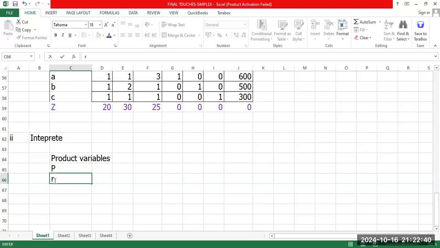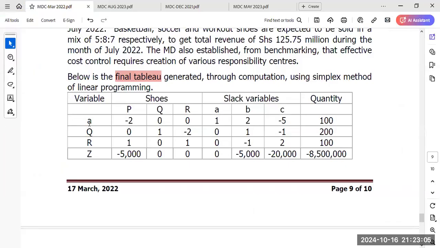When you check the final tablet and observe your decision variable, check where you have product variables. You see you don't have P, so it means that P is 0.